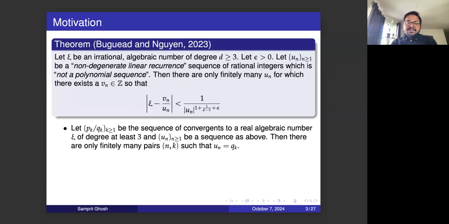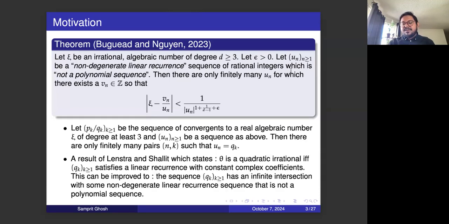Another interesting consequence is that you can use this to improve a theorem of Lenstra and Shallit. They showed that theta is a quadratic irrational if and only if the denominators of the convergents q_k satisfy a linear recurrence with constant complex coefficients. This can be improved to saying that the sequence has infinite intersection with some non-degenerate linear recurrence sequence.